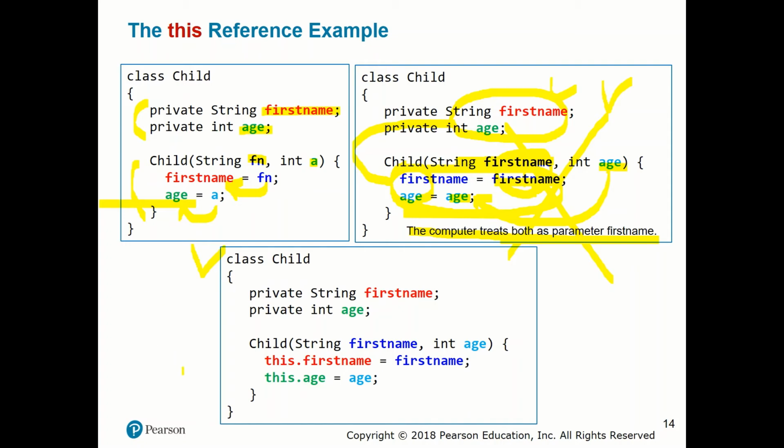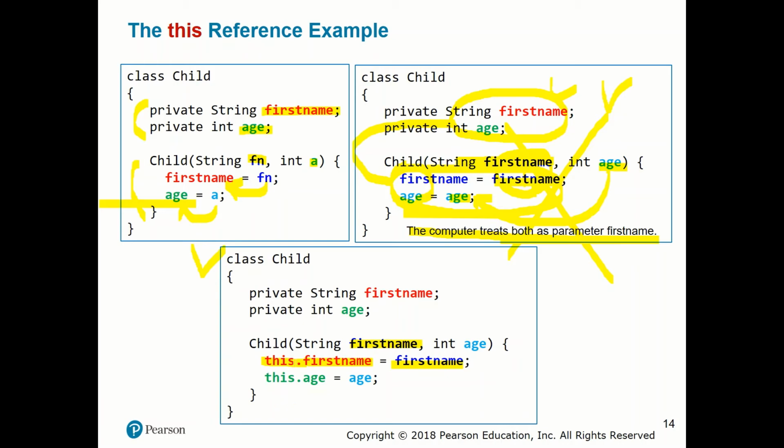Okay, this keyword, this. So here first name is the parameter. And if you want to mean this is an attribute, then you must have this dot in front of first name.